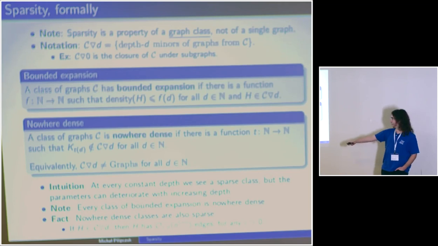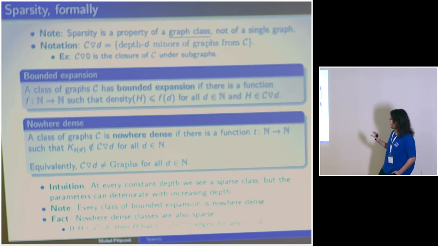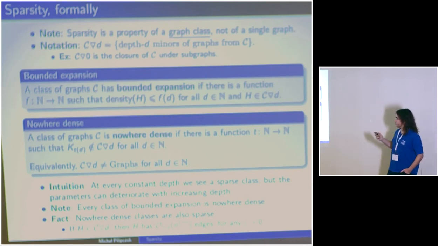Here the constant depends on epsilon and D. We will not concern ourselves too much with this kind of reasoning, but basically the bottom line is that these graphs are also sort of sparse. Good.